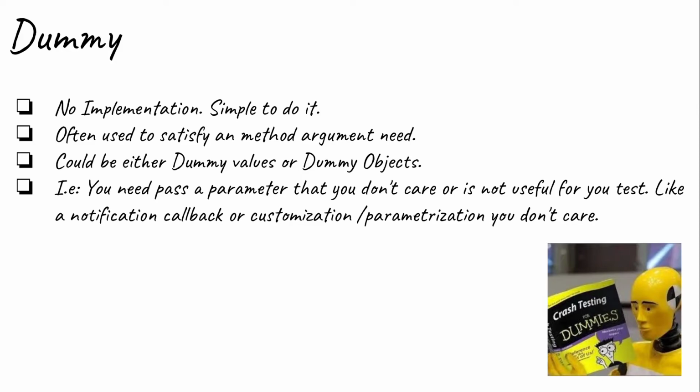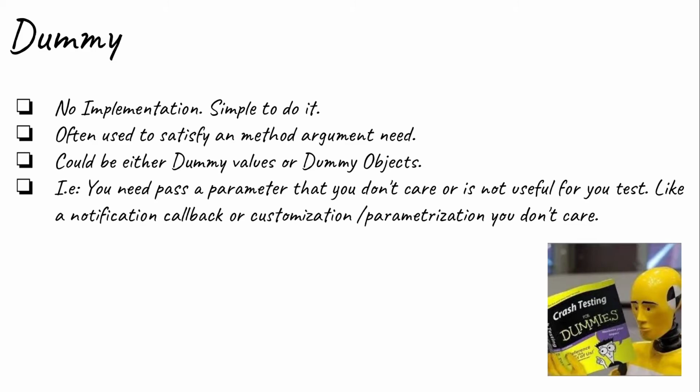And you can have different kinds of dummies, like it could be a value or attribute dummy, or it could be an object dummy, right? An object dummy is just you implementing any interface, for instance, that your dependency might need, right? So dummies are often used to satisfy a method argument need. They could be either, like I said, dummy values or dummy objects.